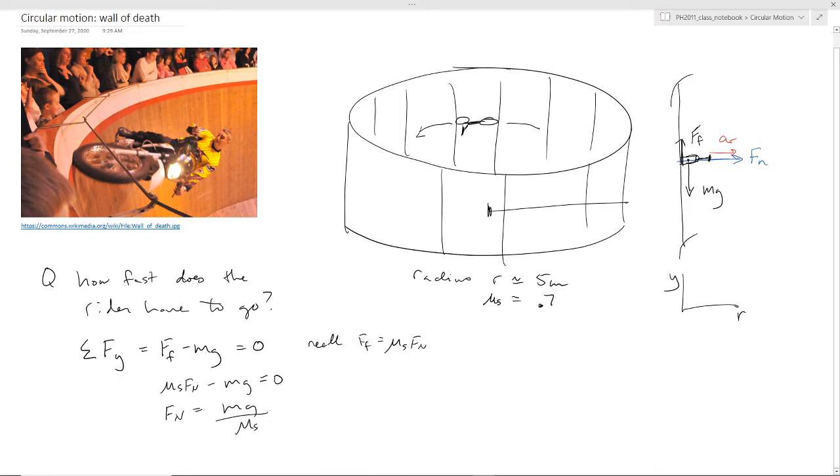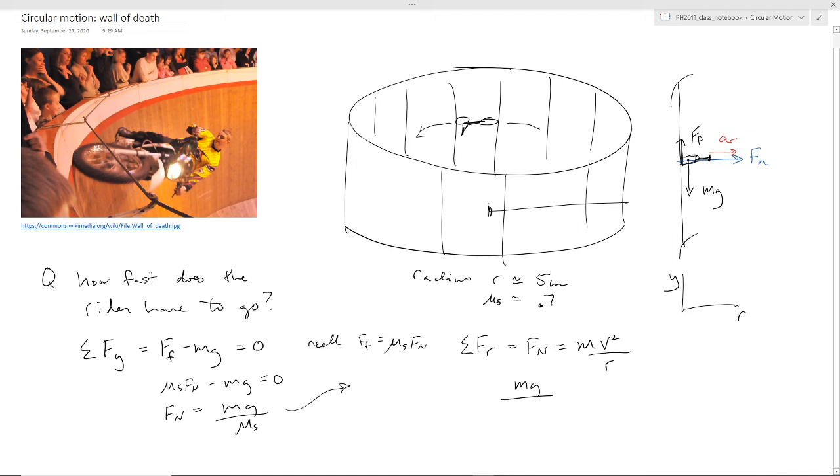Okay, so let's look at the sum of the forces in R. In this case, the normal force is what's providing the centripetal acceleration. That's going to equal mass times a_r, and we know now that a_r we can find from v squared over r. Then we can substitute in what we know about the normal force from the y direction.